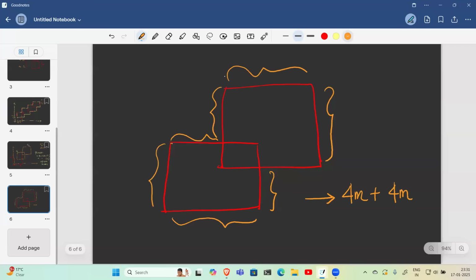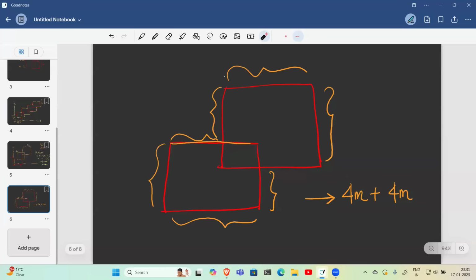But look at this: when you calculated 4m for S1, you took this extra part, which is not a part of the perimeter. It comes inside the region, but still you have counted it in this 4m. Similarly, look at this part. When you counted the perimeter of S2, you added the length of this part, which was not required as it comes inside the region. So we need to find the length of this entire thing because this is something we have overcounted in 4m plus 4m.